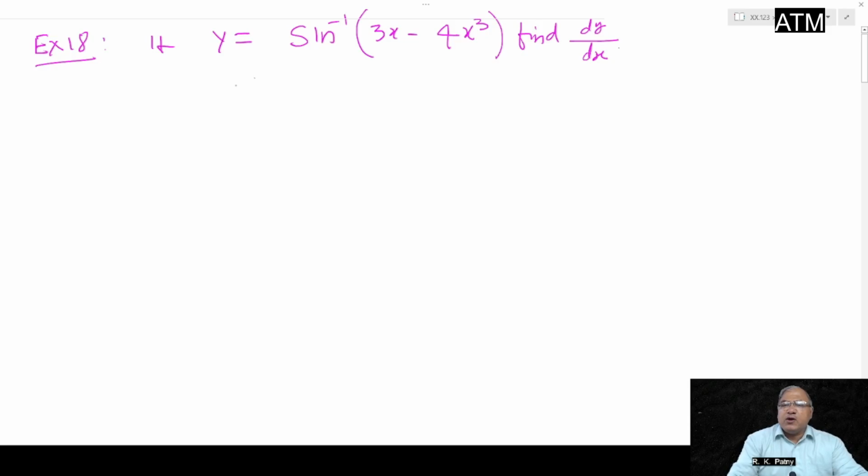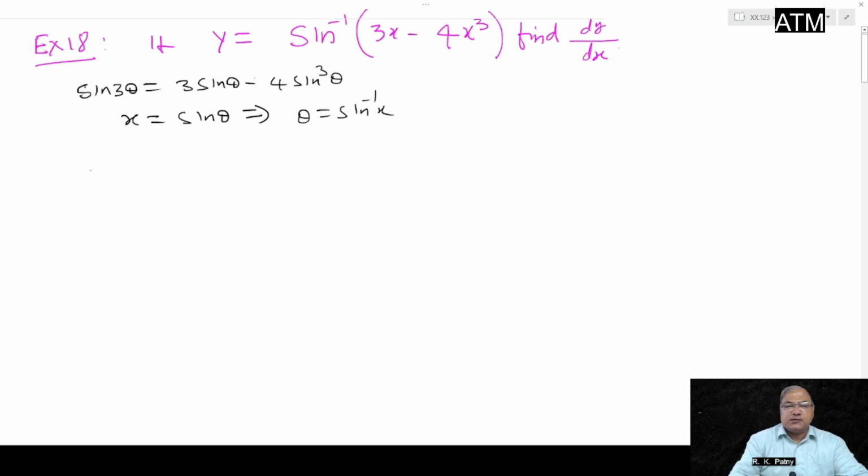Example 18, y equals sin inverse of 3x minus 4x cube. Find dy by dx. Here we know the formula, sin 3 theta equals 3 sin theta minus 4 sin cube theta. That means in the given problem, we are putting x equals sin theta. As soon as you put x equals sin theta, it implies theta equals sin inverse x.